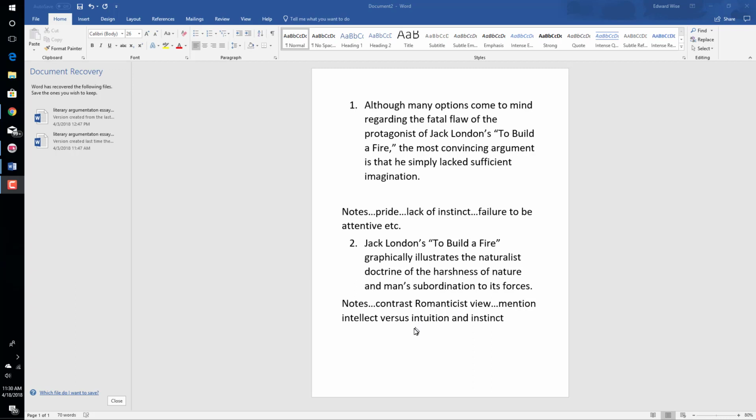And we could mention intellect, the power of intellect, versus this evolutionary kind of approach where we talk about intuition and instinct as having very forceful influences upon us and can save our lives. And sometimes intellect doesn't do us any good. It's too abstract. Okay, well, that's the idea.